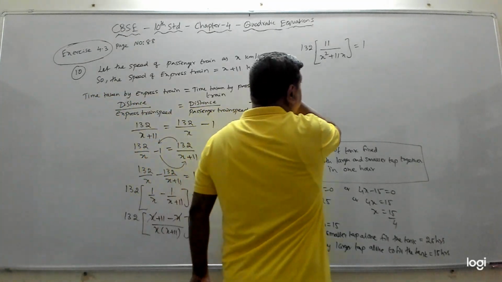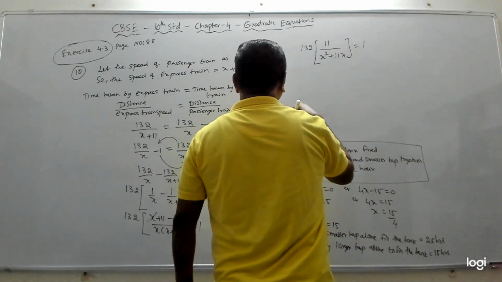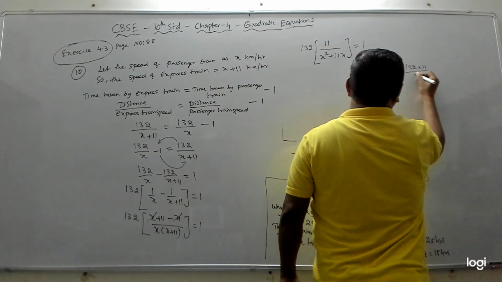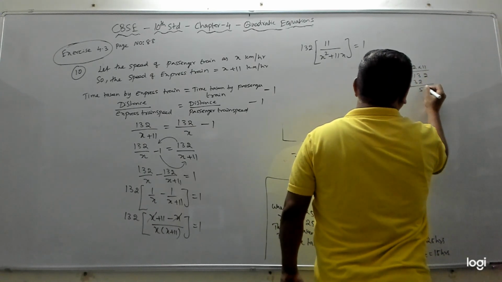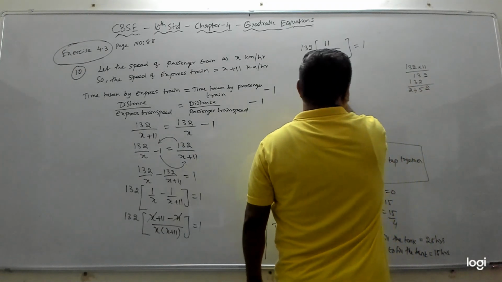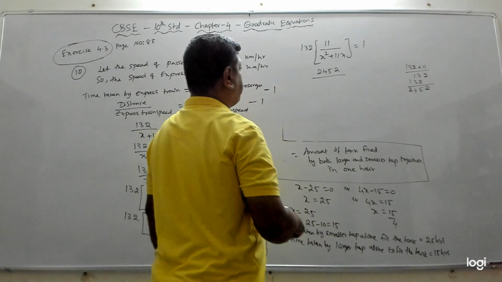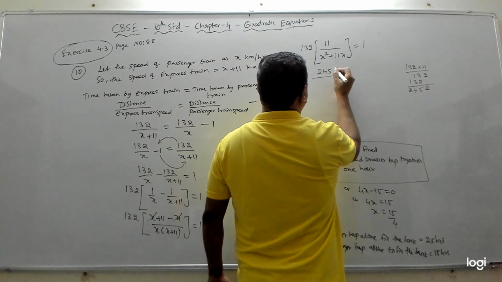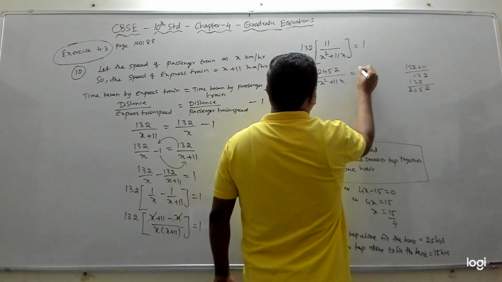Now we'll multiply this. What is 132 into 11? Let's do that. 132 into 11 is 132, again 132, this will give you 1452. So you get 1452 by x square plus 11x equal to 1.